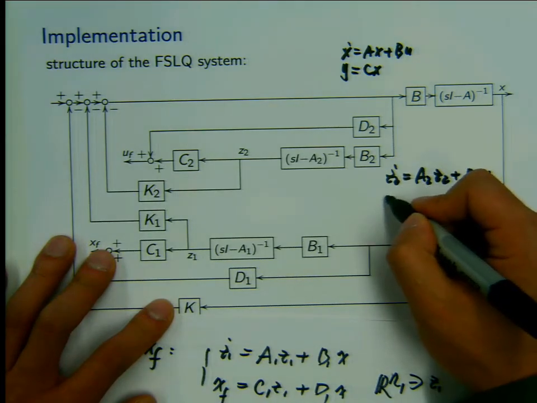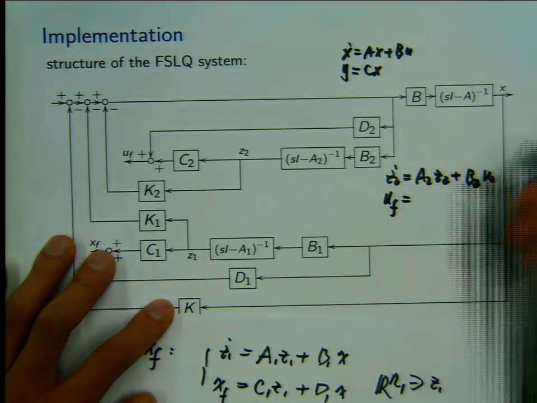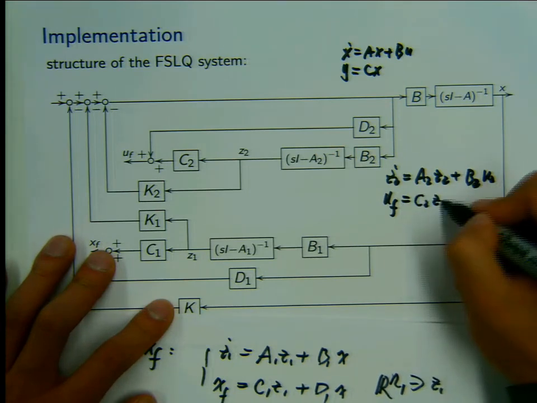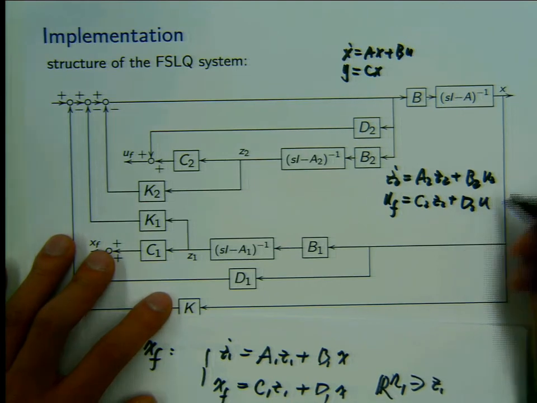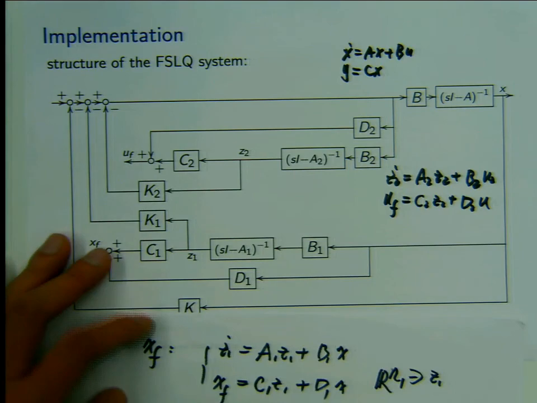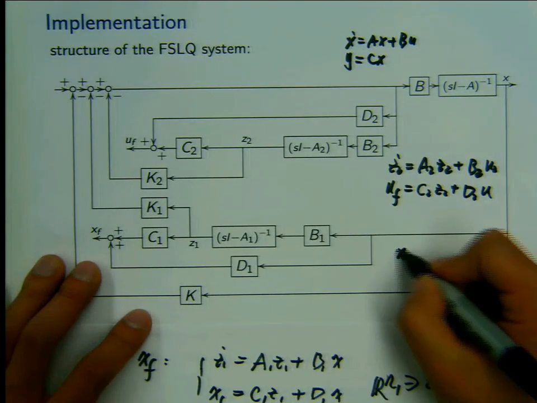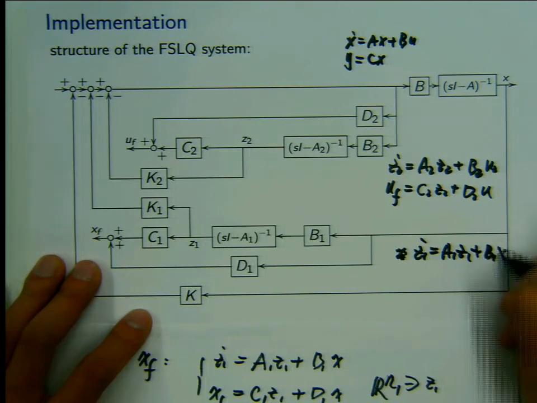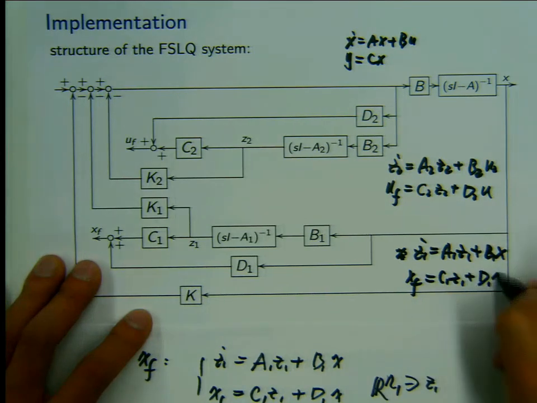We used uf equals c2 z2 plus d2 u. And then z1 dot equals a1 z1 plus b1 x, xf equals c1 z1 plus d1 x.